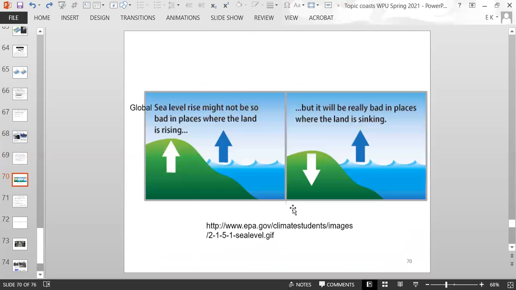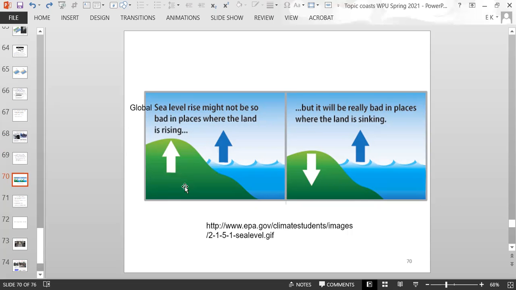So then here we have global sea level rise might not be so bad in some places where the land is rising, because the relative sea level change is counteracting the global sea level change. So you have to add the relative sea level with the global sea level change.